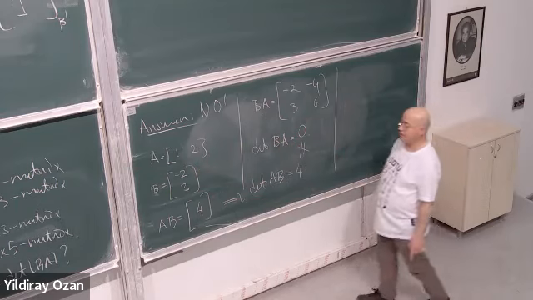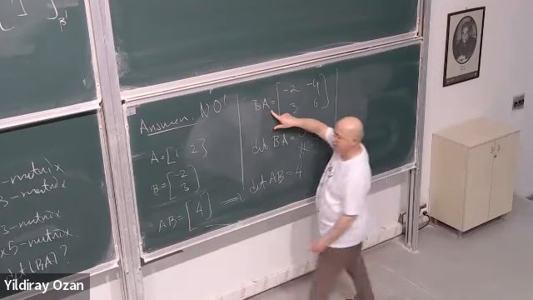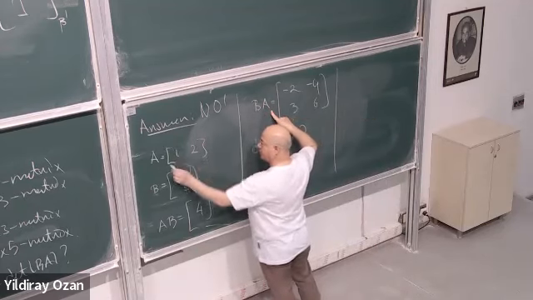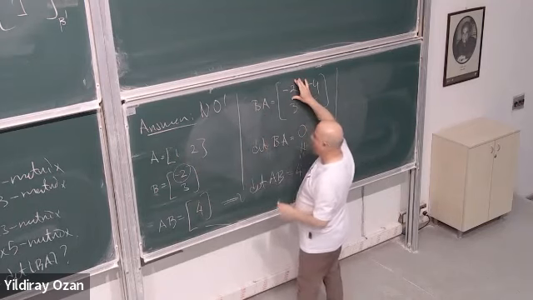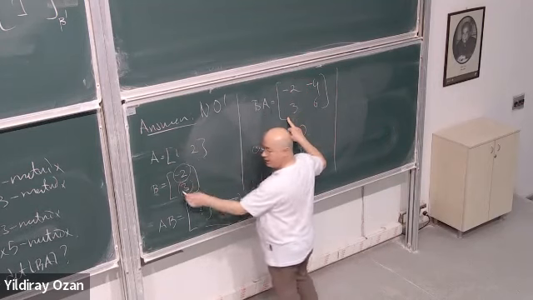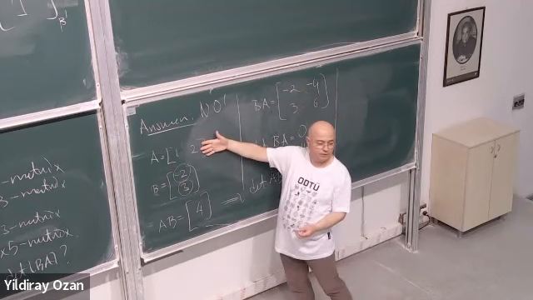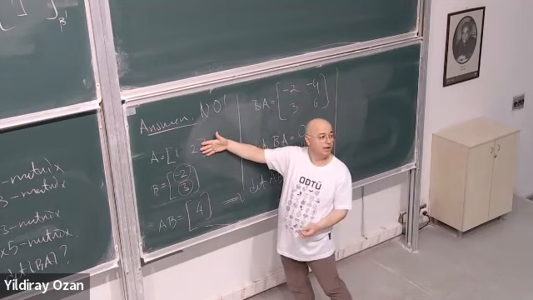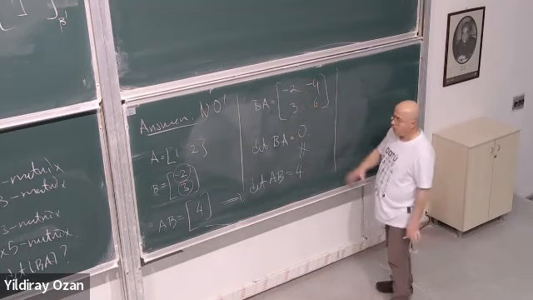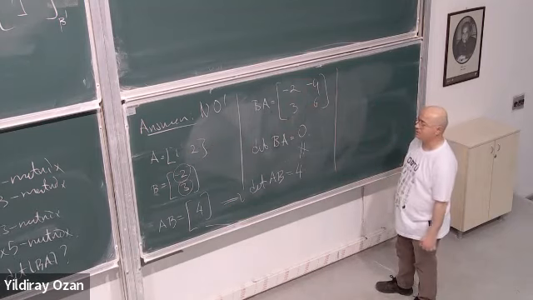In B times A, you multiply this entry with this row, you get this row, and then you multiply the same row with another number. But both of them are just multiples of this row, therefore they are linearly dependent. And the general case is similar.